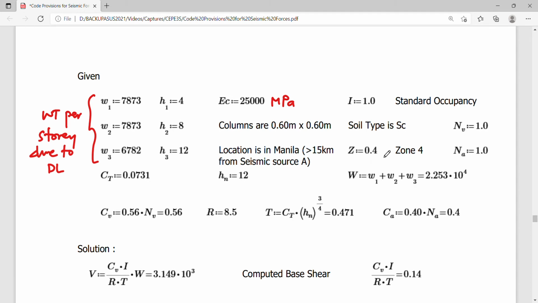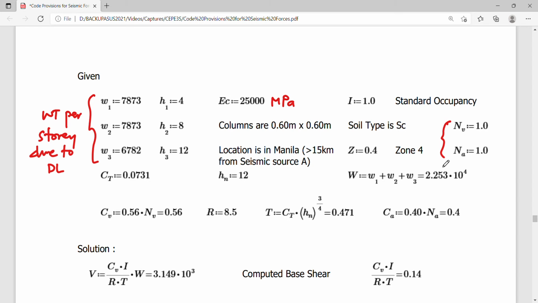Okay, our zone is in Manila, so it's zone 4. And the nearness factors Nv and Na are directly computed on the basis of the table I showed you in my first video lecture.